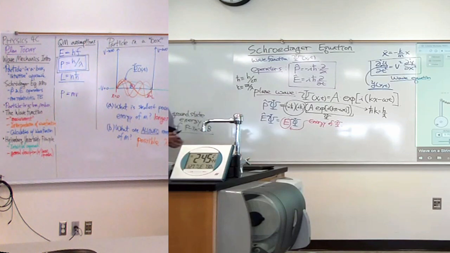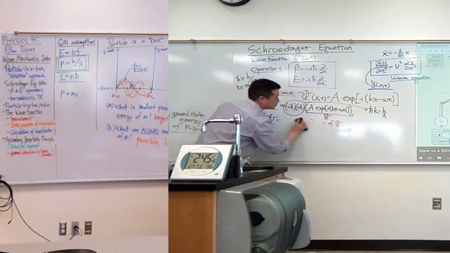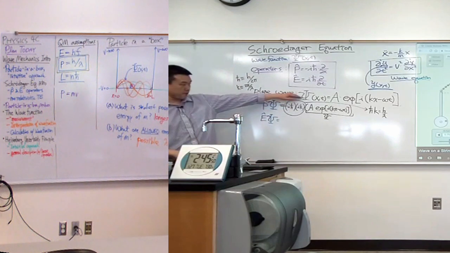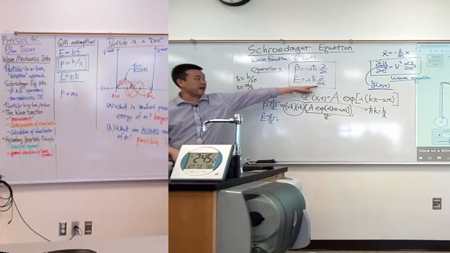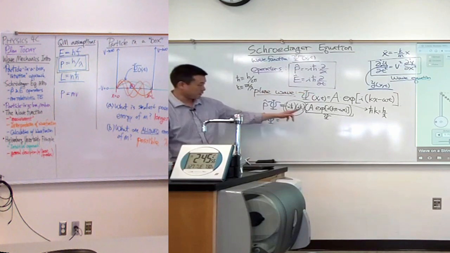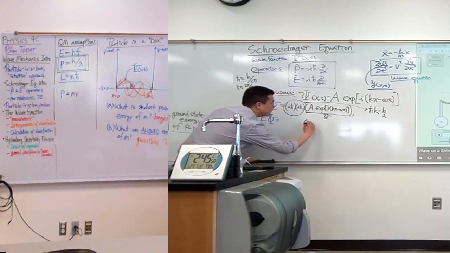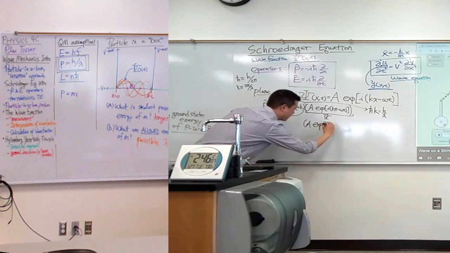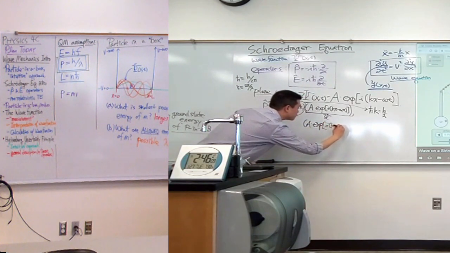So for the energy, it's going to be the same thing. So I have this wave function. When I take the time derivative, nothing's going to change. It's an exponential. So I will get the same exponential back, A times the exponential of i(kx minus omega t).